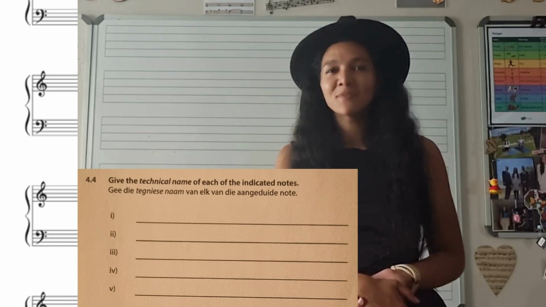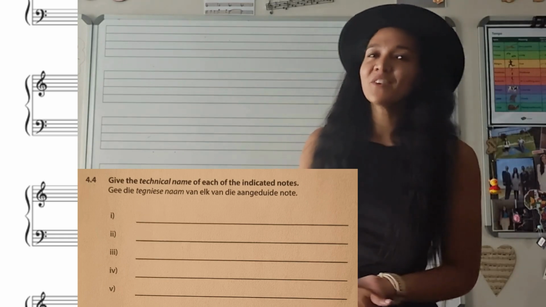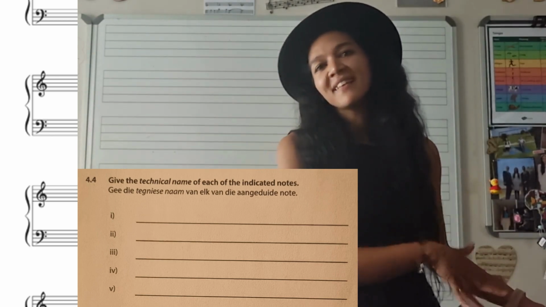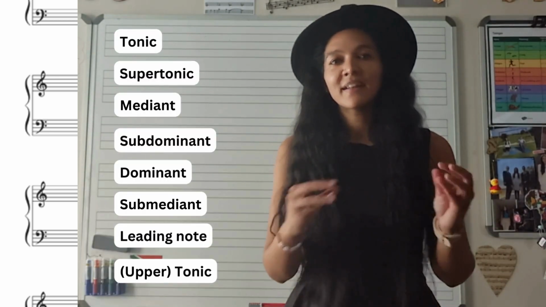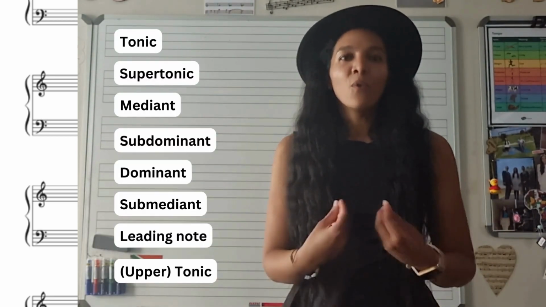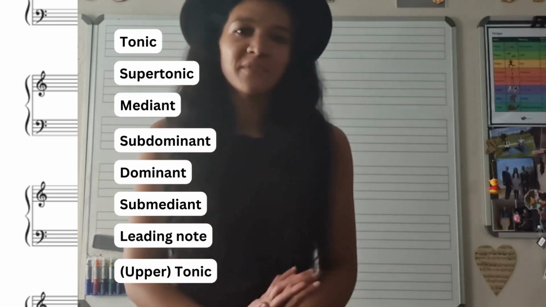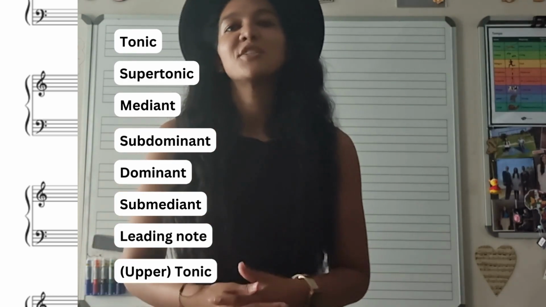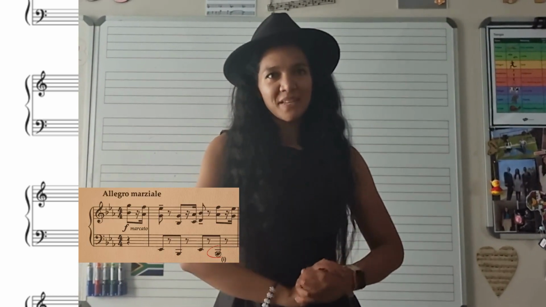So 4.4 asks us to give the technical names of indicated notes. Now in grade 2 we know all the technical names of all the degrees of the scale, so we just have to go ahead and identify what our notes are in our specific key. So we have to identify what each note is in E flat major in this case. The very first note they ask of us is a B flat.